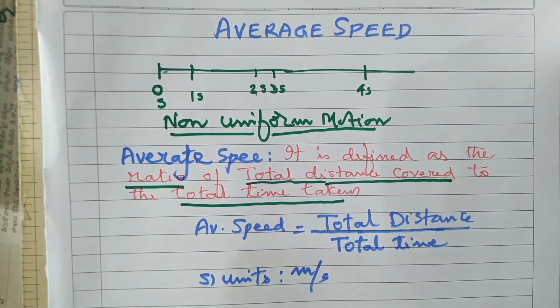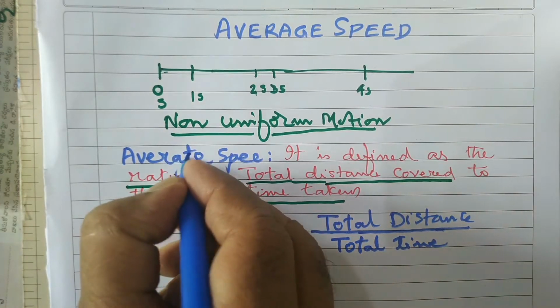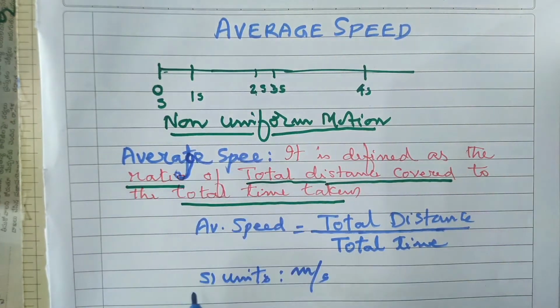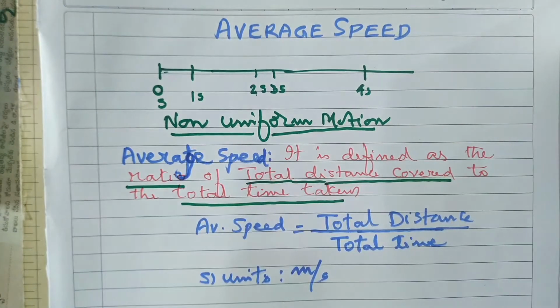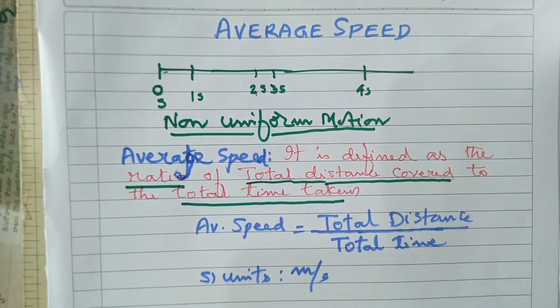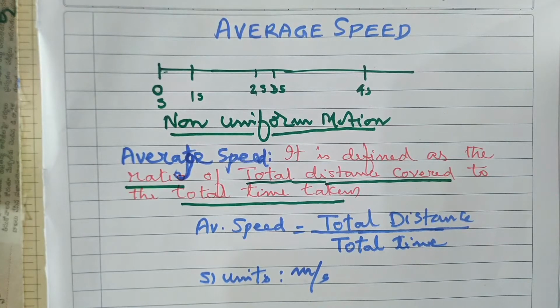Only one point I'd like to stress: we use average speed when a body is not moving with uniform speed. In daily life, in most cases, bodies will not be moving with uniform speed. Therefore, they move at different speeds, and so we take up the average speed.